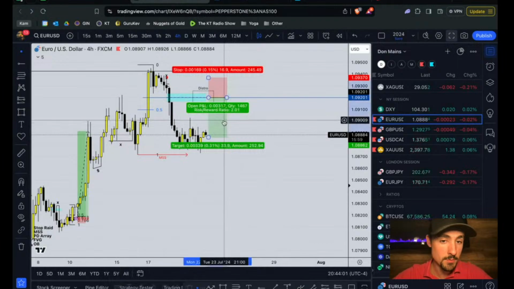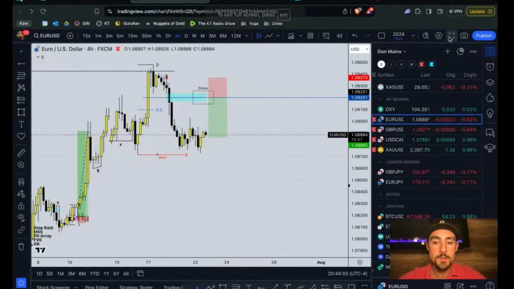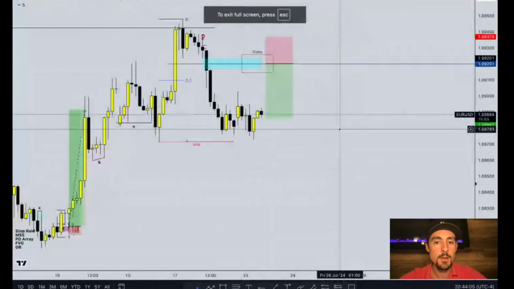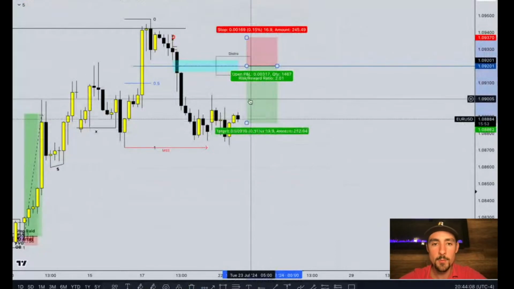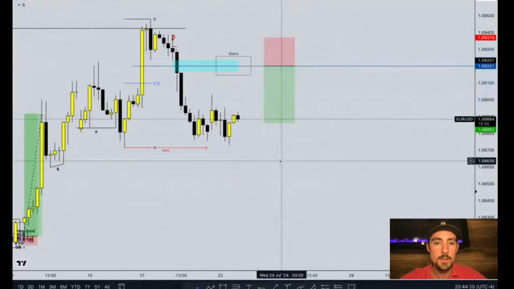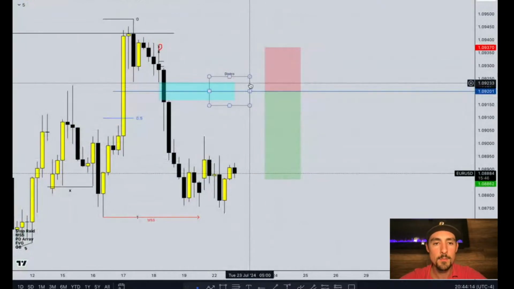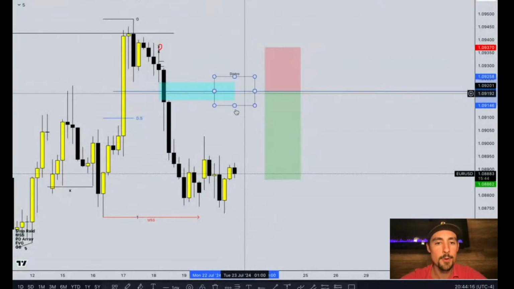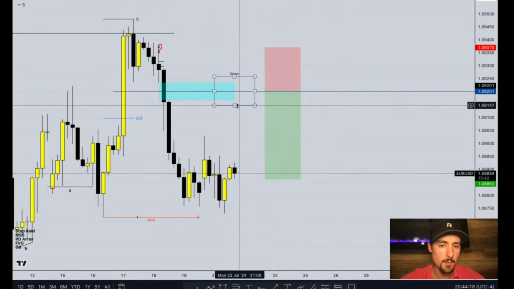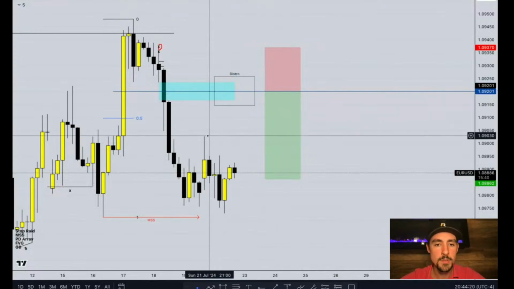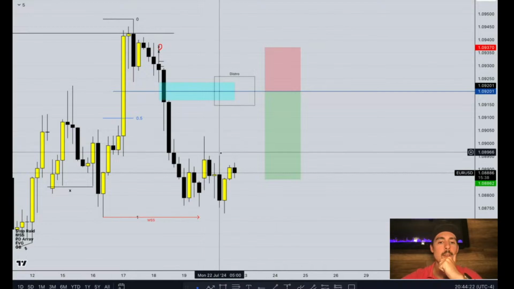You could look to just literally put a limit on this if you wanted to. Obviously, trust your own trading plan and whatever you tend to do. For me personally, I'll probably wait until we get price in that area, because I think we'll get it. I think we're going to get it going into New York session tomorrow, potentially even London session tonight.